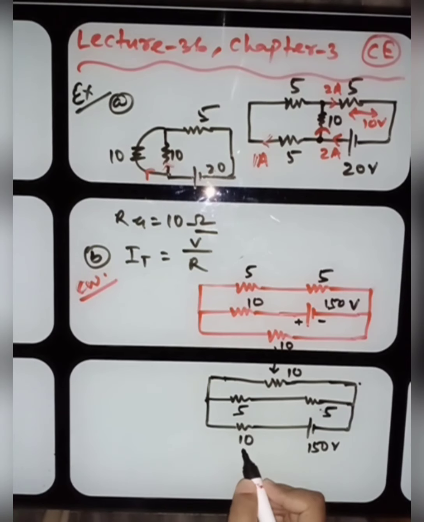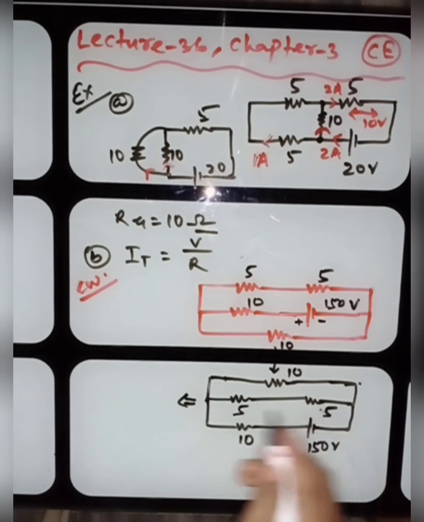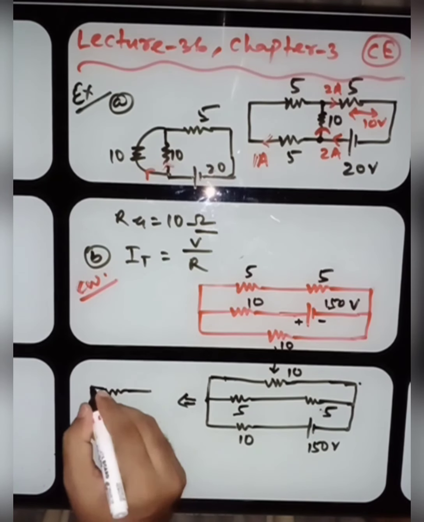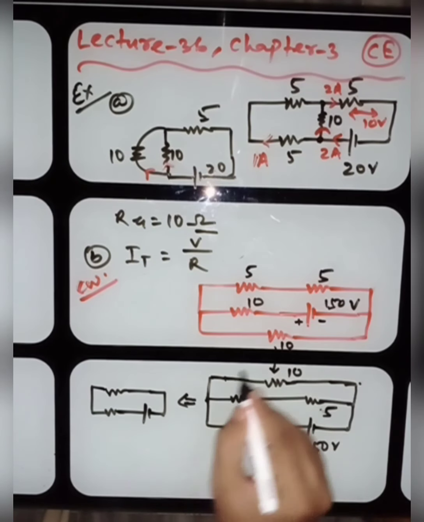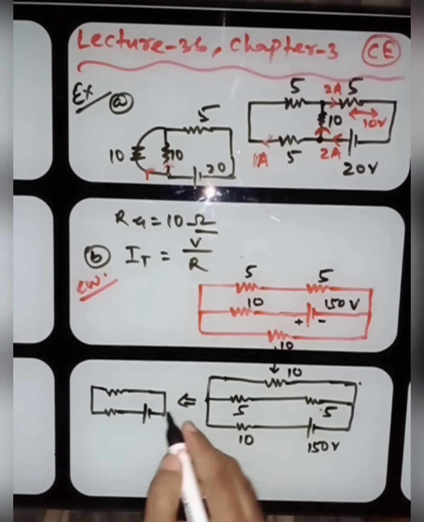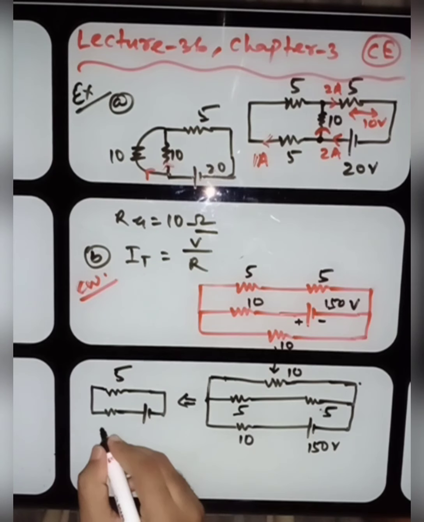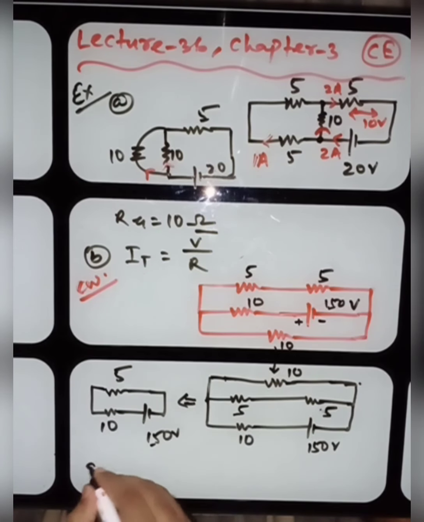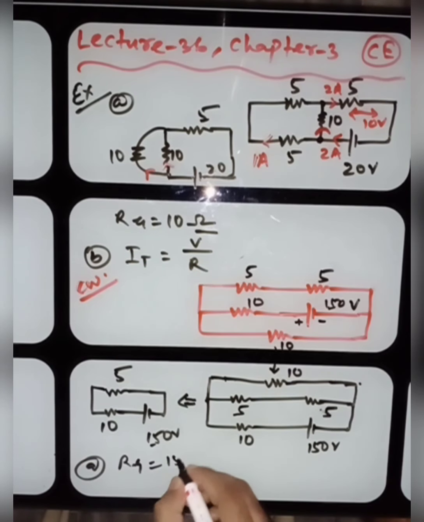And this 5 is connected in series with this 10, and then we have a battery of 150 volt. Now the total resistance is 10 plus 5, the R equivalent is 15 ohm.